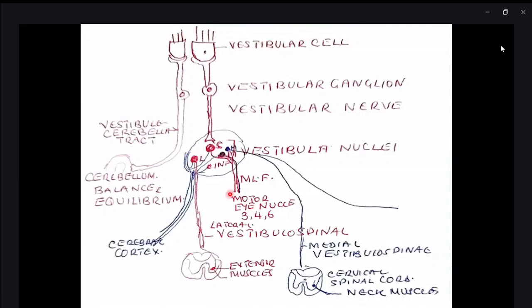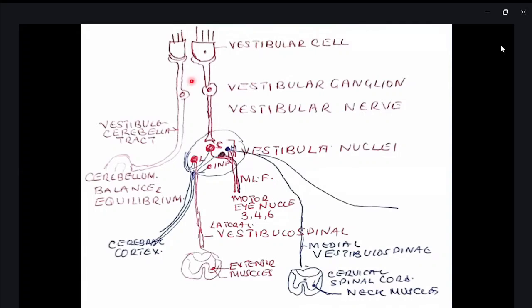And then we have the vestibulospinal tract to the spinal cord for the extensor muscles, and to the cerebellum, also mainly for balance. Vestibulospinal, remember, is very important for neck muscles, and also for other muscles of the body as feedback.